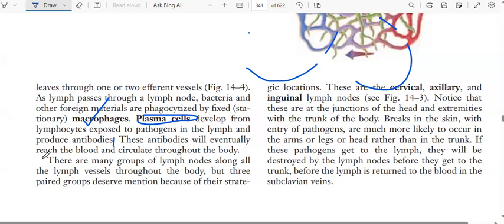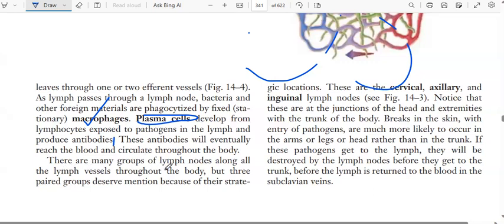This antibody will eventually reach the blood and circulate in the body. So after that, what will happen? It will reach the blood and circulate all over the body. Understood? You have to understand this very clearly.